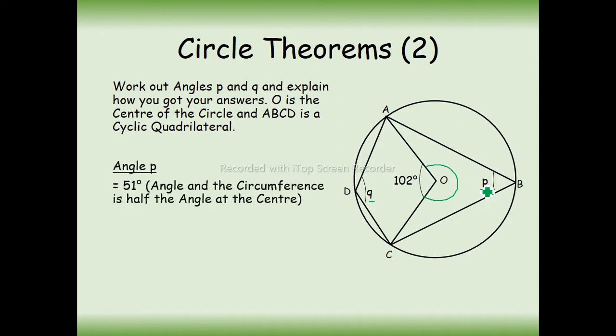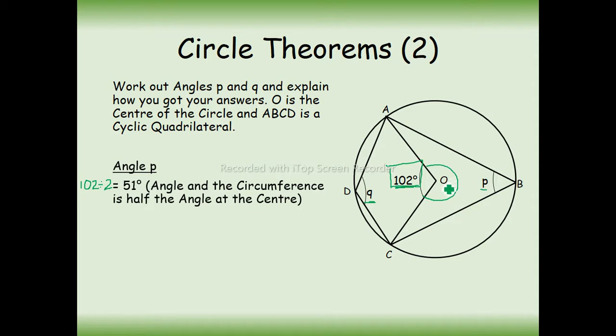So P is going to be 51, because remember we said that if this is the angle at the center, the angle at the circumference is going to be half of it. So that's 102 divided by 2. What we're saying is that the angle in the middle is twice the angle at the circumference. No, O is not 0 degrees.